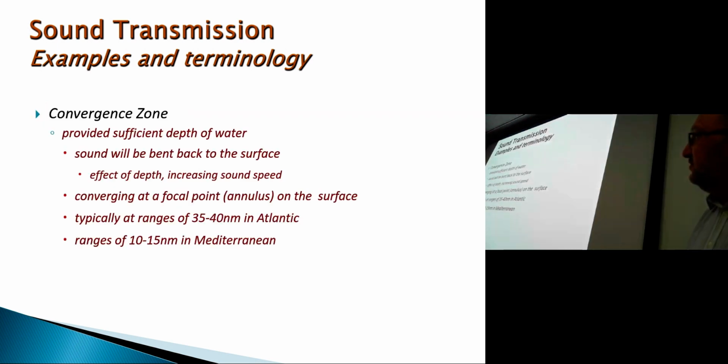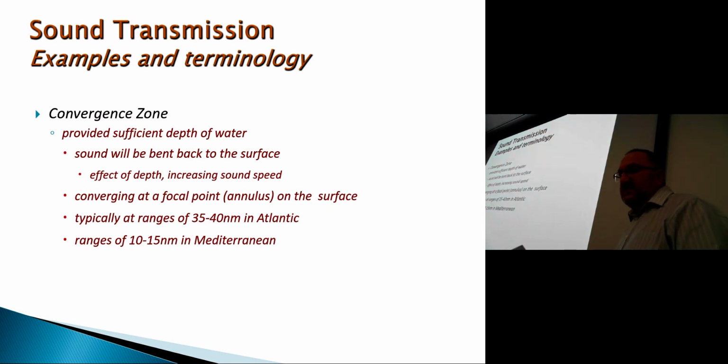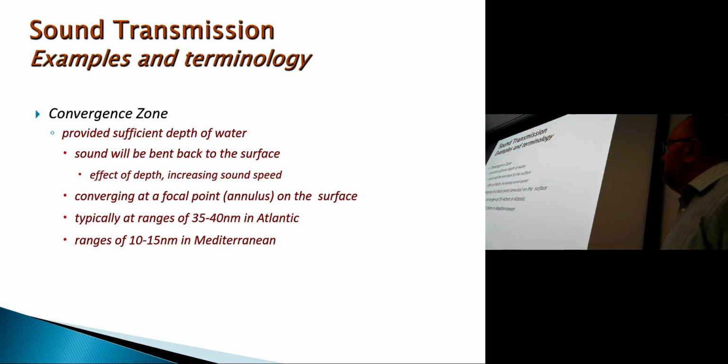One other thing that we should talk about is the Convergence Zone. It's terminology, it's one of the terms we use when we talk about sound transmission. We have a negative temperature gradient near the surface, and you get layers that cause sound to be refracted downwards. The downward refraction will continue to great depths.